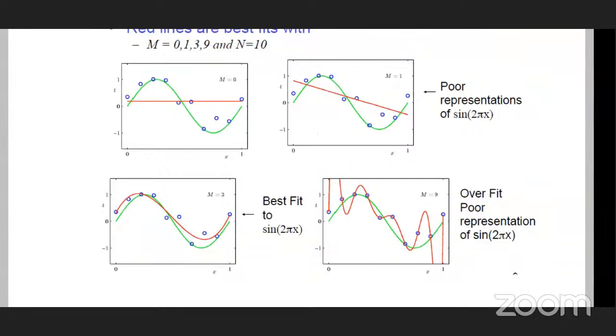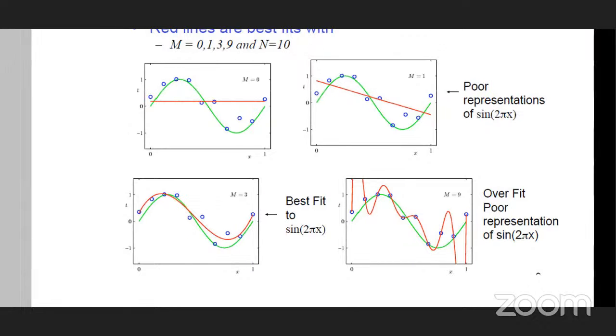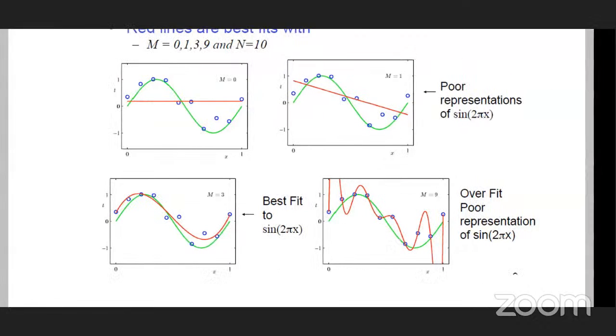M equal to 3 is better, sorry. The error is lesser. It has a lesser error. So this is what is called underfitting.